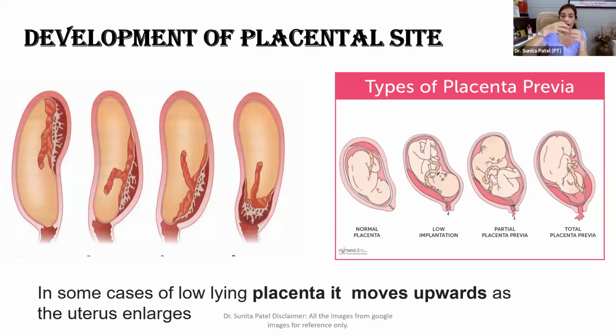And slowly, as the days pass, the size of the placenta is going to get bigger, and so many new arteries are going to form in this particular network. So it will be a network of veins and a network of arteries, because they have to supply the baby and they have to take out the excretory products from the baby.